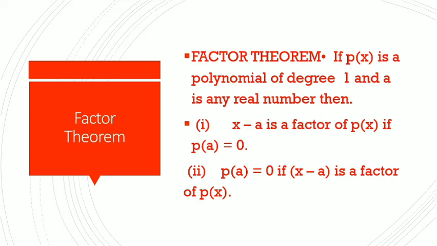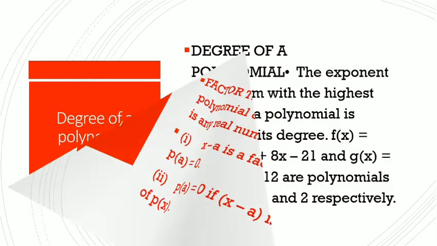That means if p of a is 0, then x minus a is a factor. If x minus a is a factor, then p of a is 0. Because if it is a factor, it is dividing completely, so the remainder must be 0. Hence, by the remainder theorem, p of a is the remainder. So p of a, the remainder, being 0 means the particular thing with which you are dividing the polynomial is a factor of the polynomial.